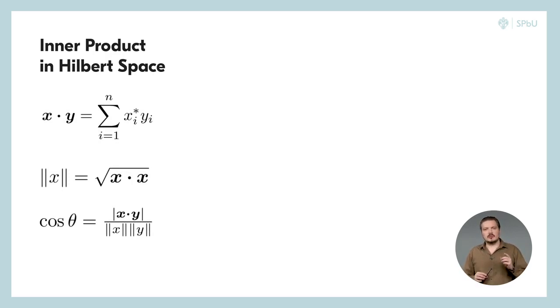The most important result of defining this operation in our vector space is the possibility to define the length of any vector and the angle between any two vectors. The length of vector x is by definition the square root of the dot product of x by itself.